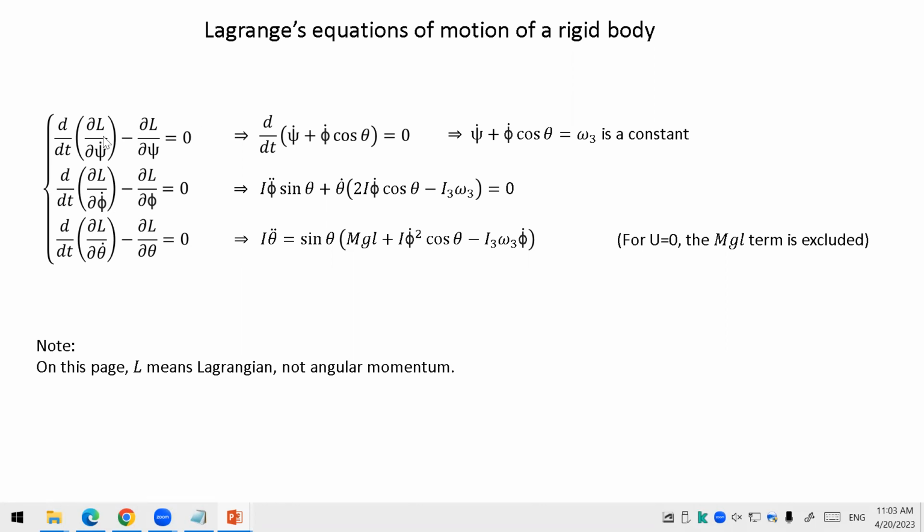The form of the Lagrange equation is still the same. Just one remark here: L here means Lagrangian, not angular momentum. Just take the derivatives, and you get these three equations of motion. You can see that in general, they won't be easy to solve. They're coupled together, and also nonlinear. There's a square term over here.